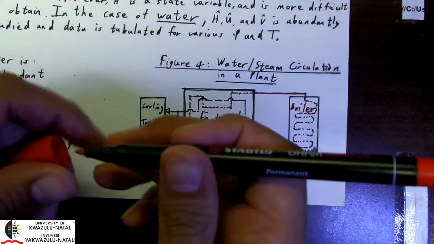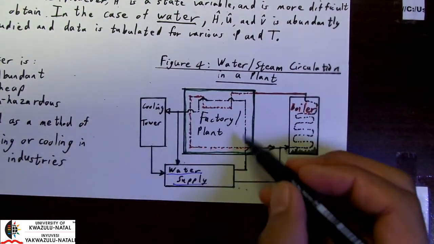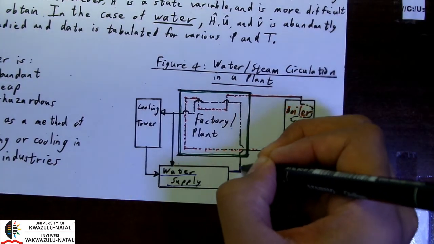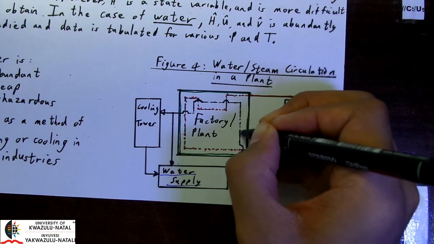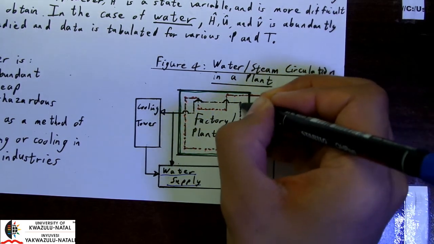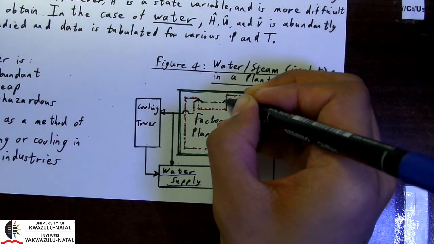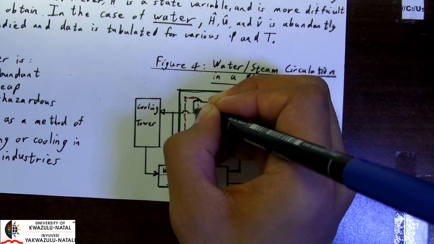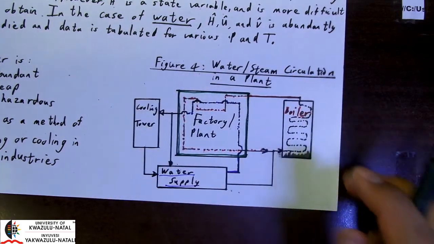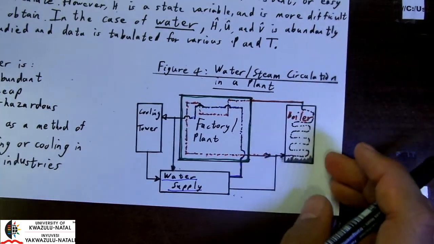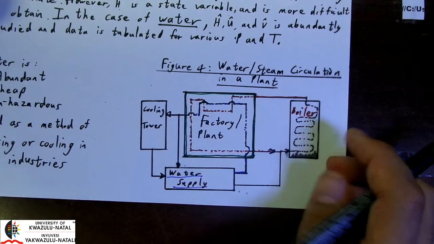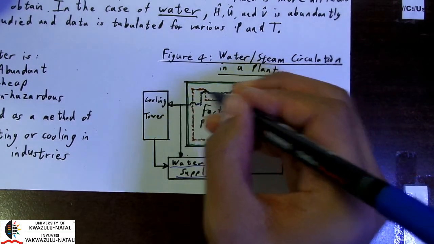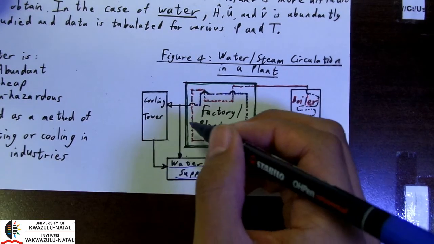Now if we look at our cooling water cycle, we have water from our water supply, and it is being used all over in our chemical plant wherever it is needed to cool down certain units. It could be needed as a cooling medium for exothermic reactors or various other processes as well. Of course, once the water is being used to cool a unit, the water itself is being heated up.